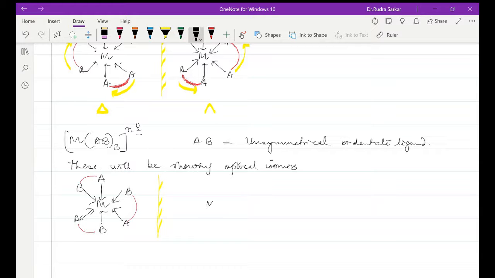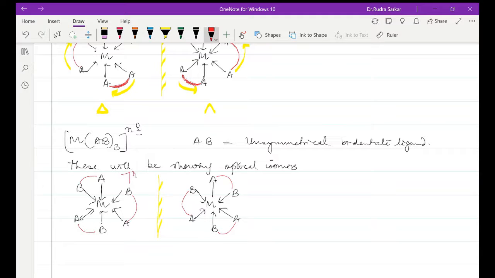So out here we have M, this is a B, this is the A, again this is the B, this is the A, this is the B, this is the A. So like that and like that.